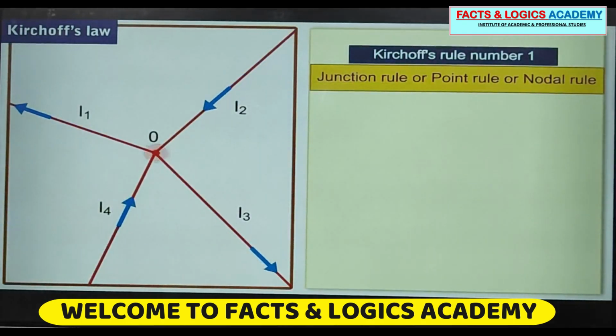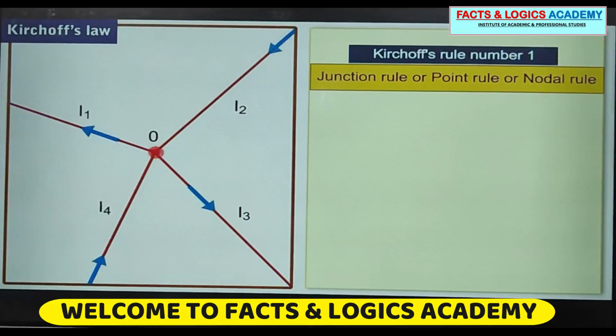Rule number 1. Kirchhoff's first rule is also called Kirchhoff's point rule, or Kirchhoff's junction rule, or nodal rule. This rule is based on the principle of conservation of charge. At any node or junction in a circuit, the sum of currents flowing into that node is equal to the sum of currents flowing out of that node.